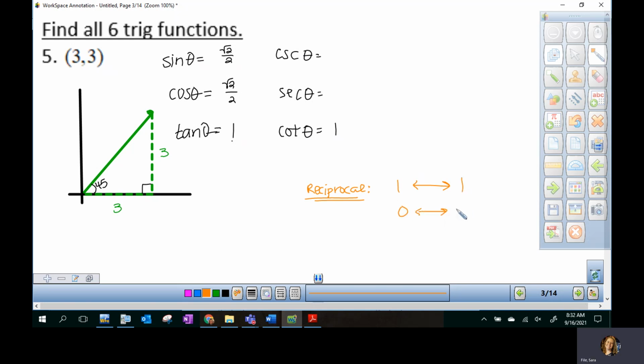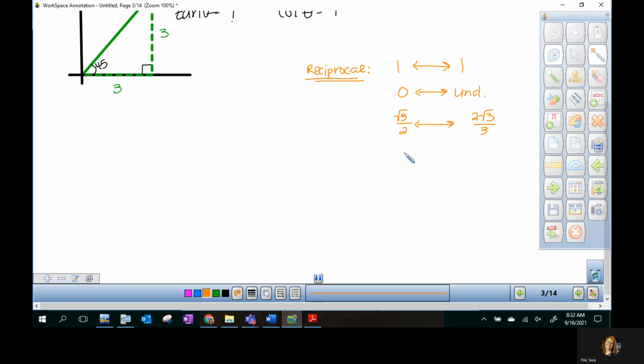We said the reciprocal of 0 was undefined. We said the reciprocal of square root of 3/2 was 2√3/3 once we solved and rationalized. We said the reciprocal of 1/2 is what? Just 2. And the reciprocal of √2/2 and √3/3, those both followed the same rule.